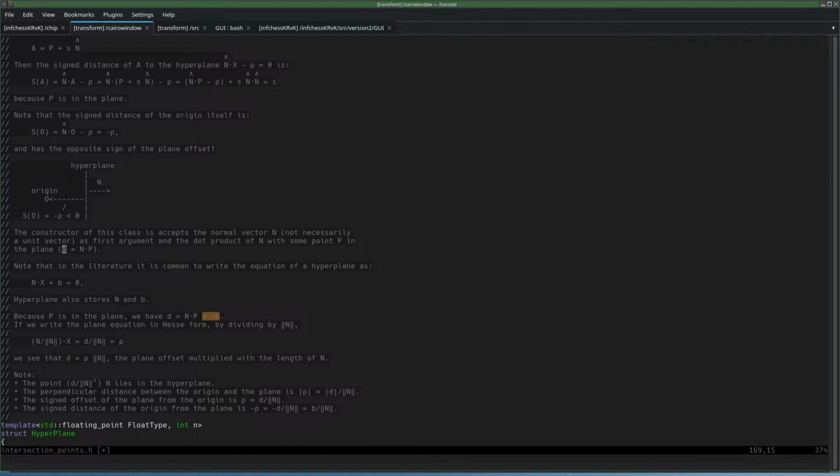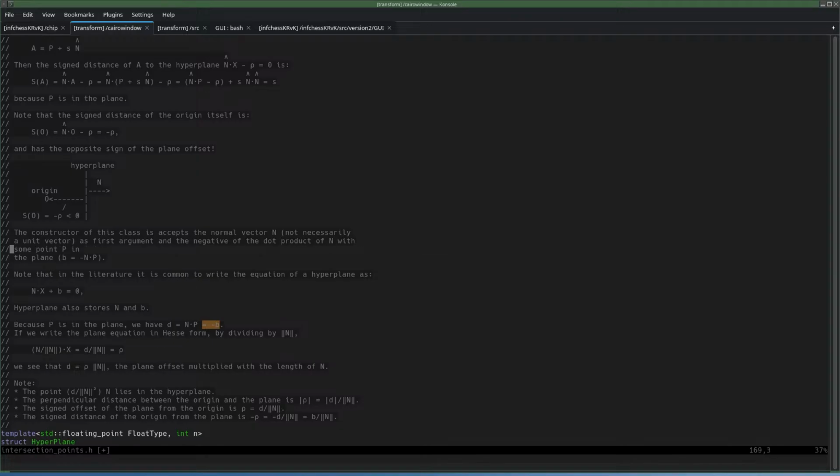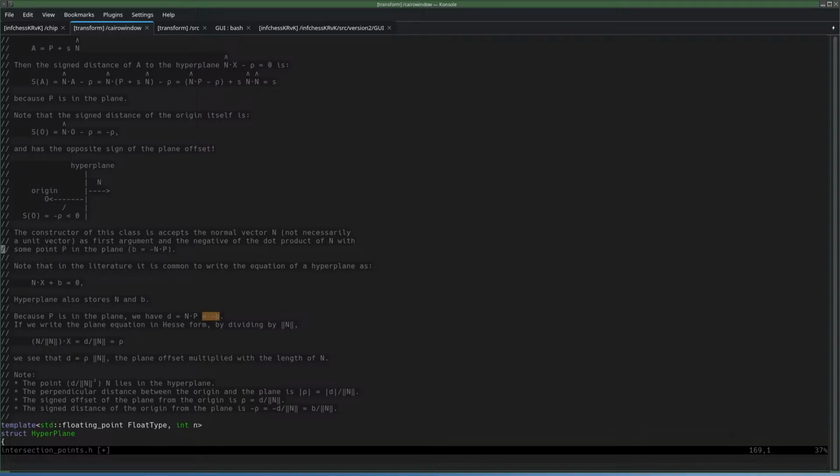Yeah, and that is D, but we're going to pass B now, which means that it is the negative of that, and I should reflect that in the sentence as well. So, the negative of the dot product of n with some point P in the plane.